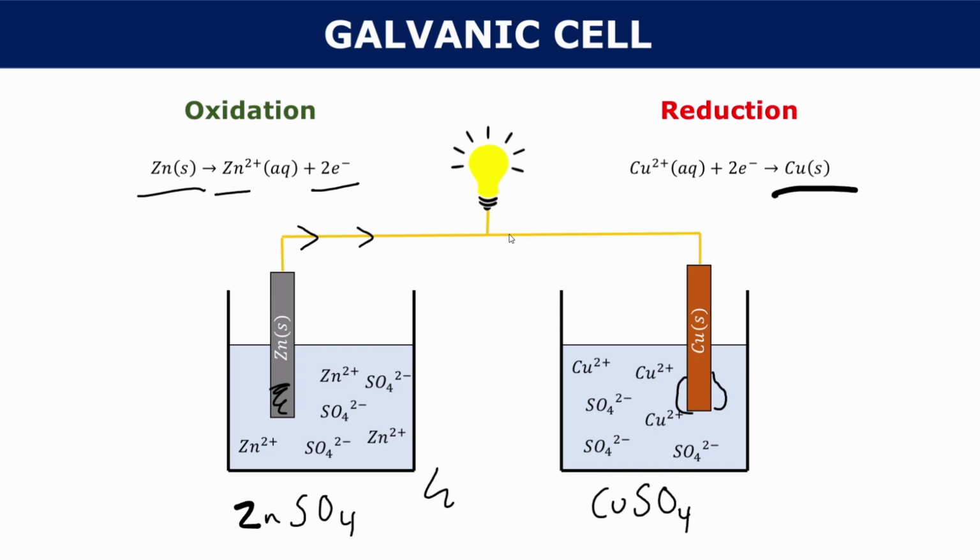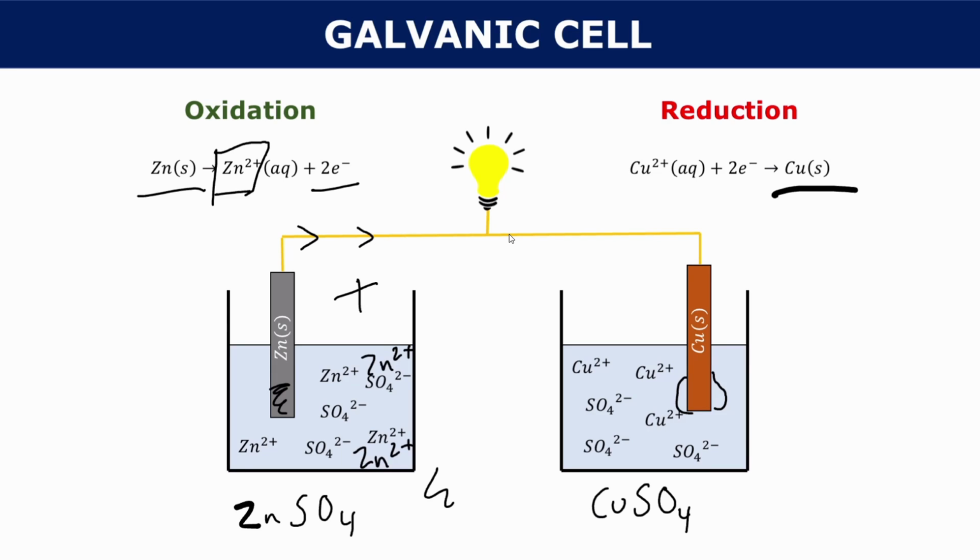But there's another thing that's happening in these oxidation and reduction half cells, and it's the buildup of different charges. So what do I mean by that? Well, in the oxidation half, zinc is being produced, and that zinc has a +2 charge. Now, as we add more zinc ions here, what you'll realize is that this oxidation half cell is going to build up positive charge.